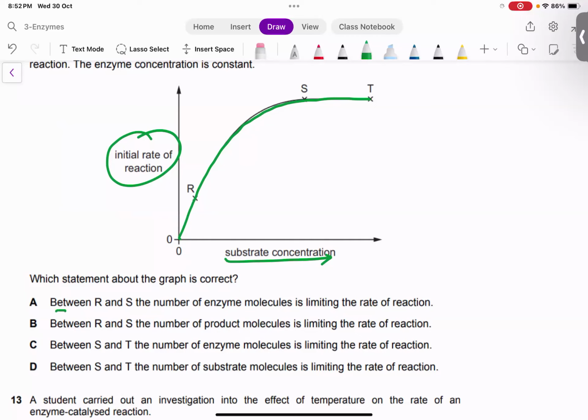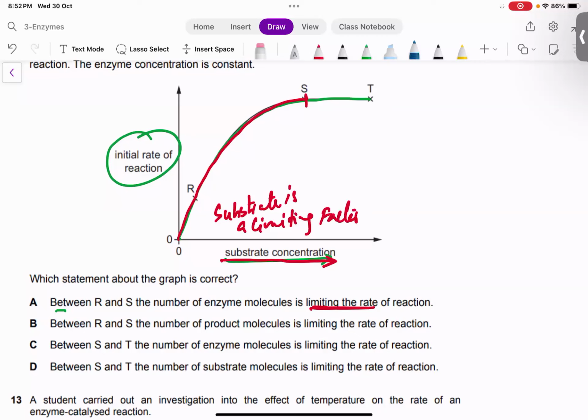This is actually a concept of limiting factor here again. So you will have to understand the concept of limiting factor to answer this question. However, as you are increasing the substrate concentration from this point to this point, substrate is a limiting factor.